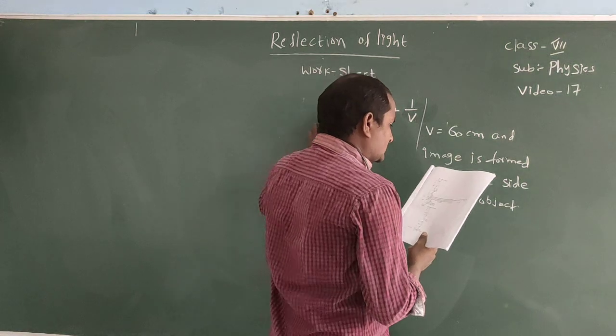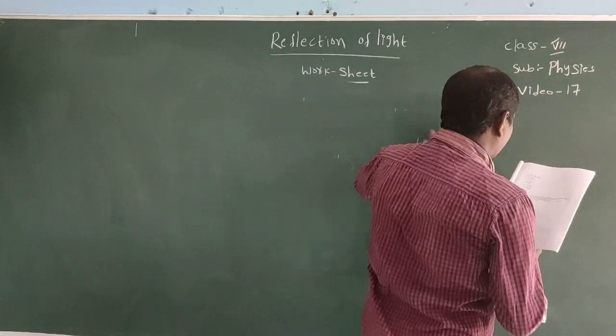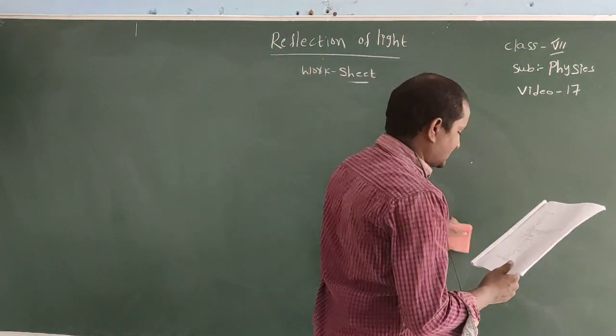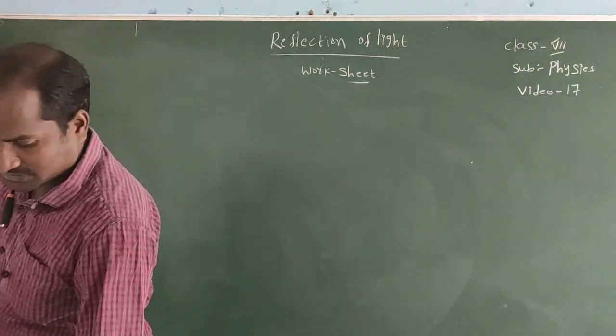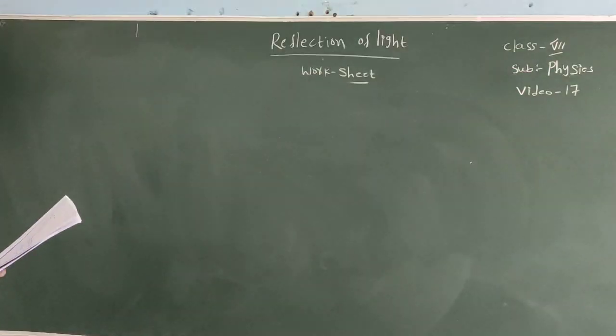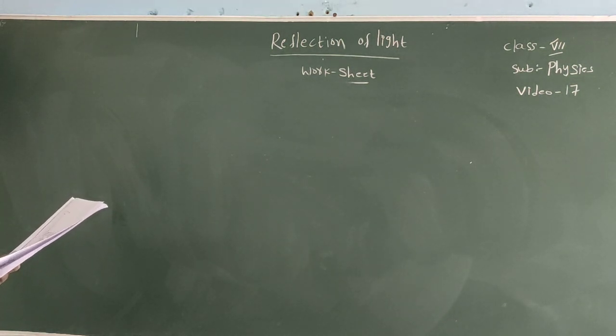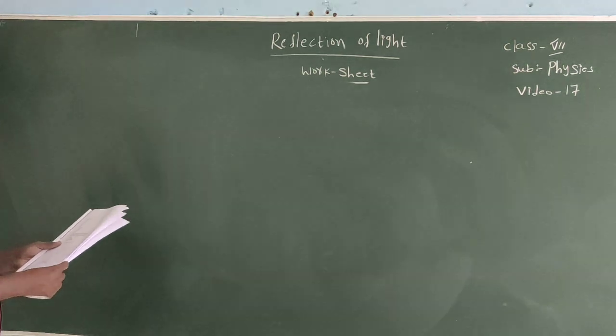So the size of the image is 4 times the size of the object. The size of the image is equal to how many times here? 4 times. Okay. So it is a multiple choice question.